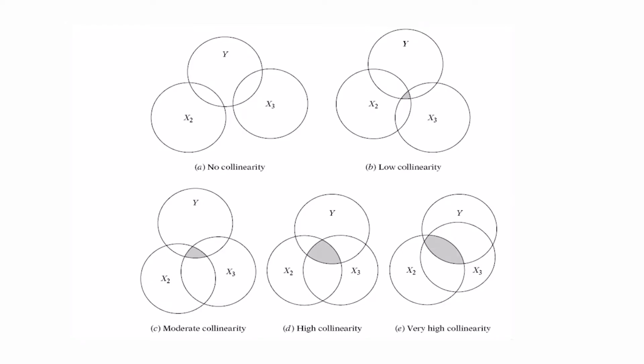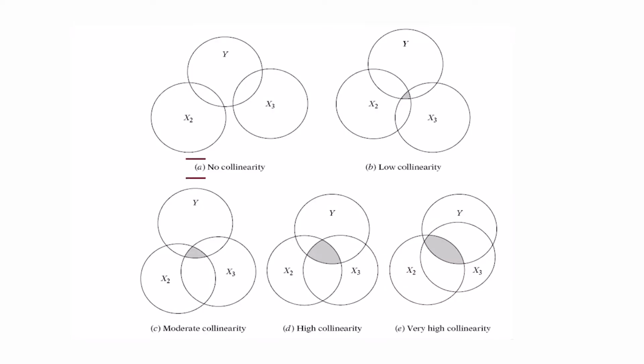Now we move on to this particular slide, where we observe a Venn diagram showing the representation of how the independent variables may be related. In point A, we observe no collinearity.